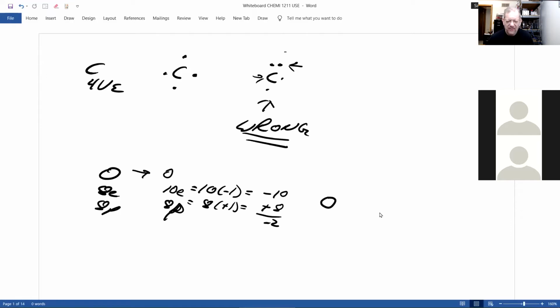Chemical symbol, upper superscript to the right, either -2 or the newer way, which I don't like, 2-. Either one would be correct on the test. So again, you find out how many electrons and protons, you find out how many electrons the nearest noble gas has, in this case 10.